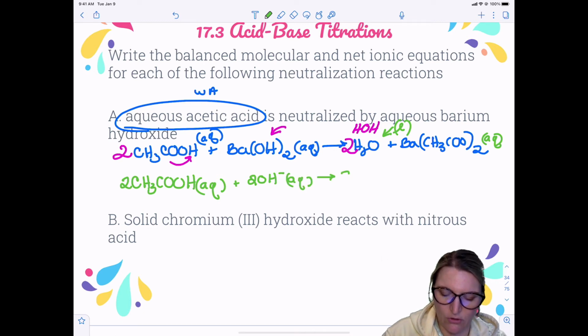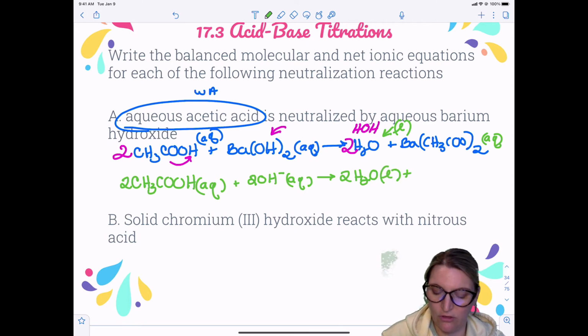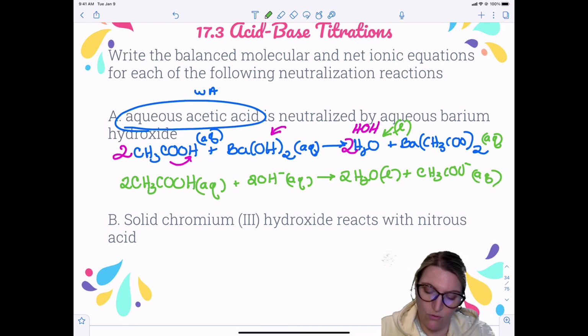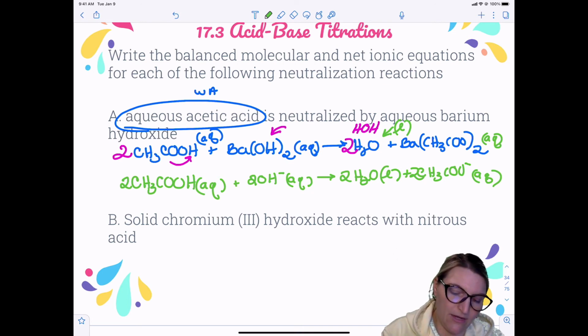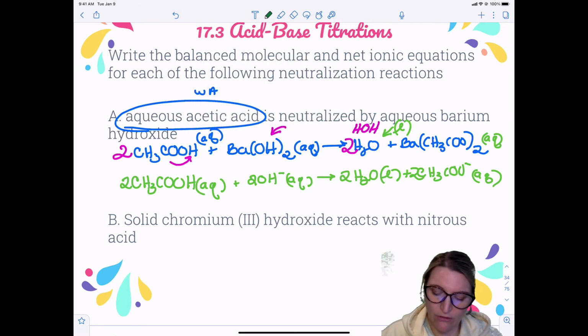It will make 2 water molecules and 2 acetate ions. And then you could simplify it by just doing 1, 1, 1, and 1.